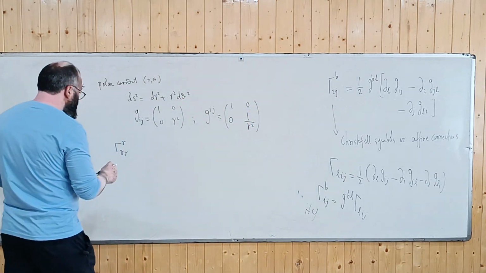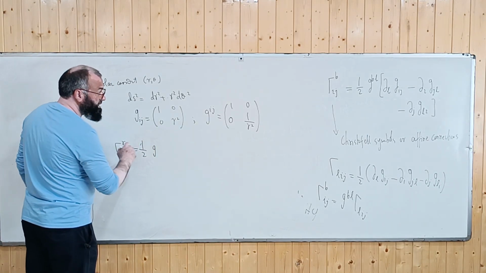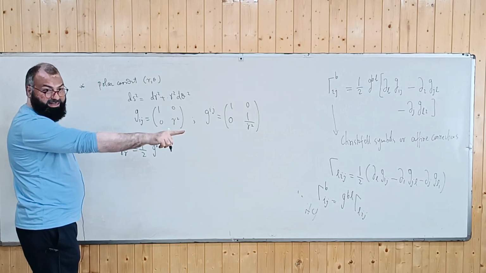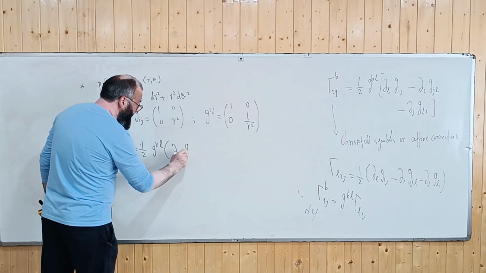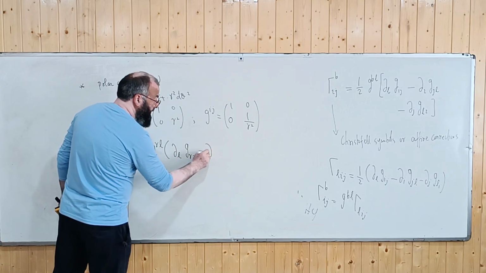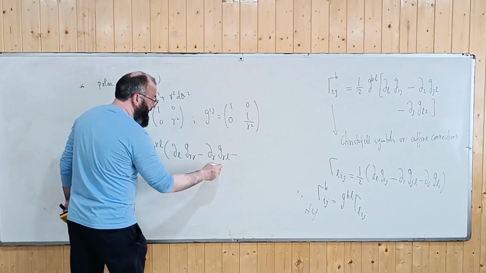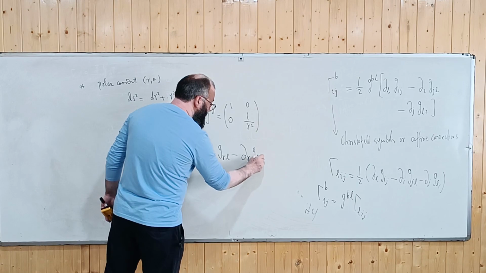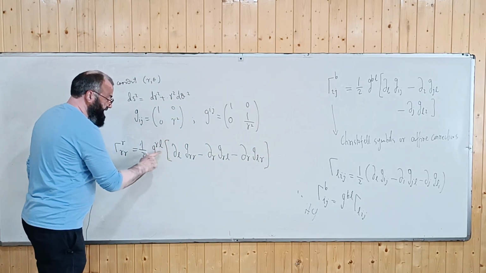So let's do it. It will be 1 by 2 g, b is equal to r, l is there. Because l is a dummy variable, there is a sum over l. Partial l g ij, what is ij? It's rr. Minus partial i g j l, minus partial j g i l. Now there is a sum over l.